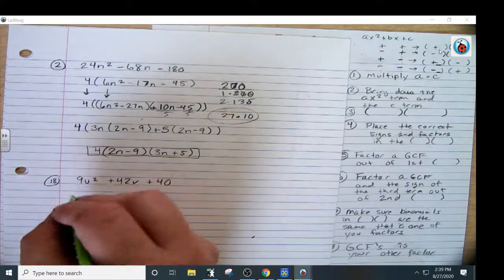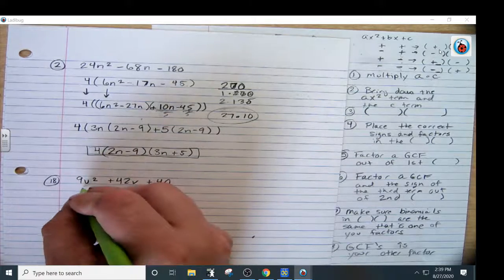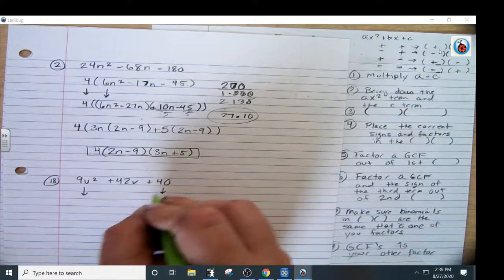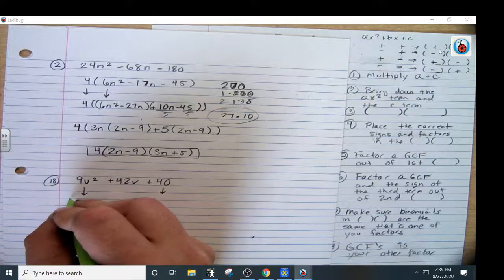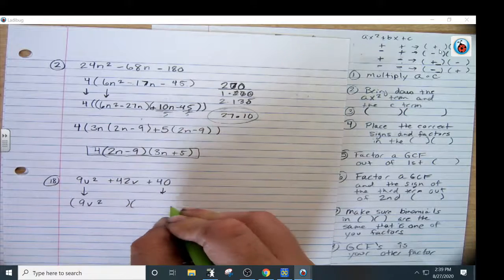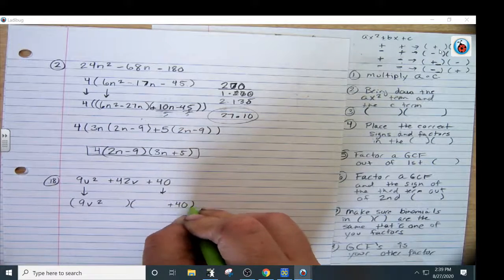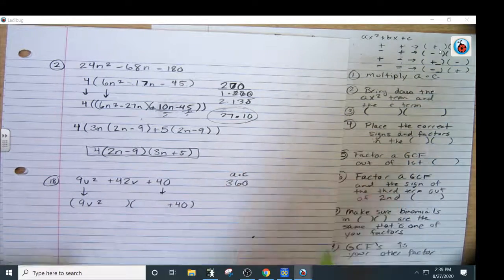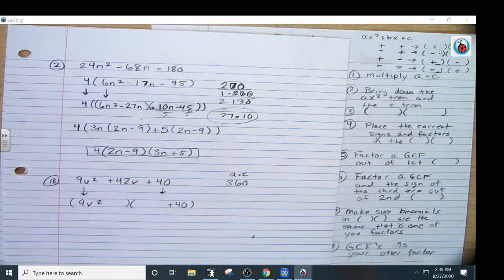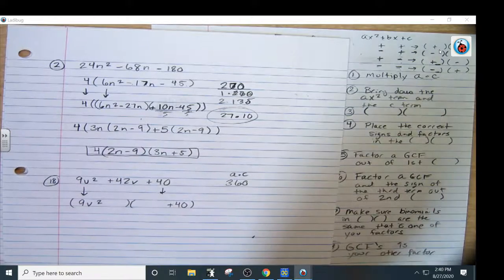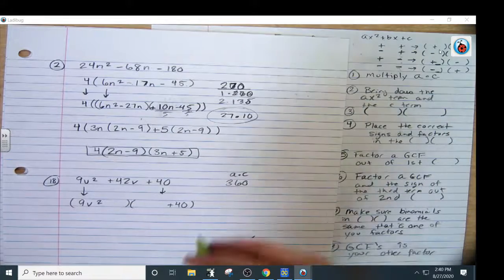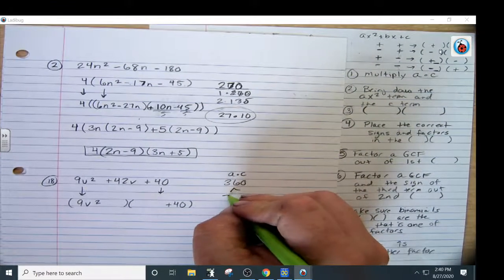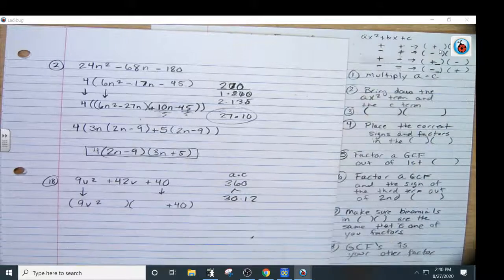All right, so now, what we're going to do, nine times 40 is 360. Now, guys, without going through all the numbers, the two numbers you need are 30 and 12.